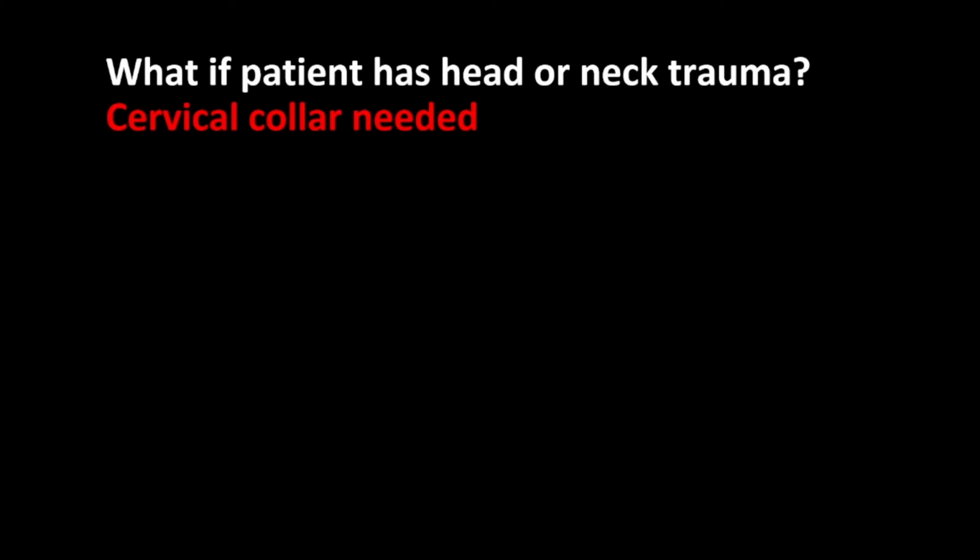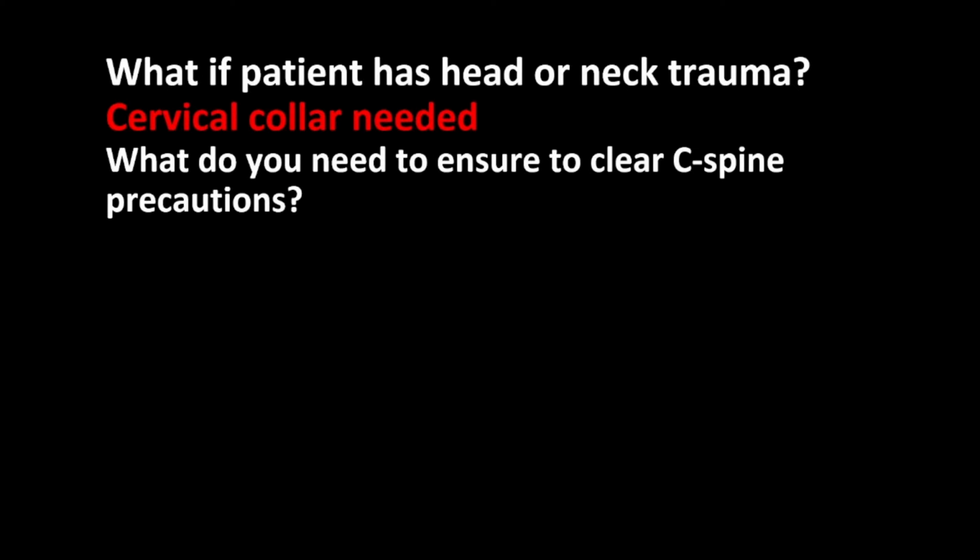That's right. So you should be thinking that a cervical collar for immobilization of the C-spine is needed or indicated in this situation. Along that same vein, what is required in order to clear the cervical spine? A set of criteria is needed.